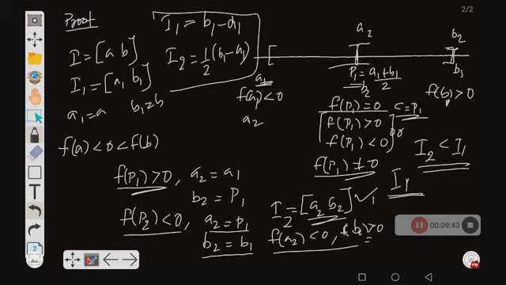So I think it is clear. We have constructed a new interval I2 which is contained in I1 and has length 1 by 2 times (b1 minus a1), and this property also holds: f of a2 is less than 0 and f of b2 is greater than 0.